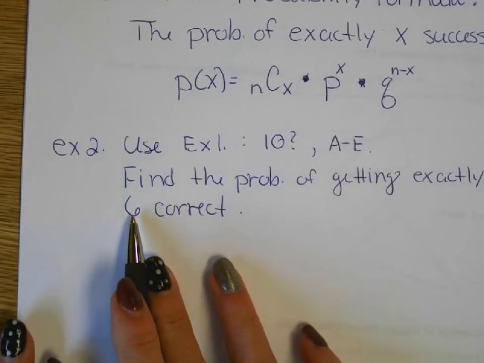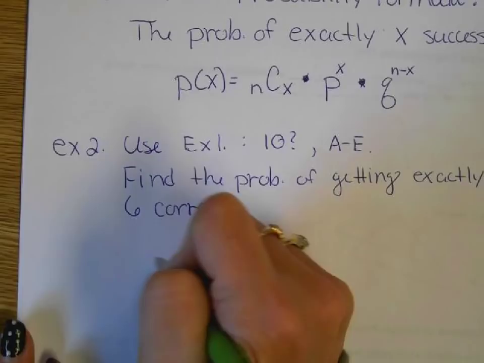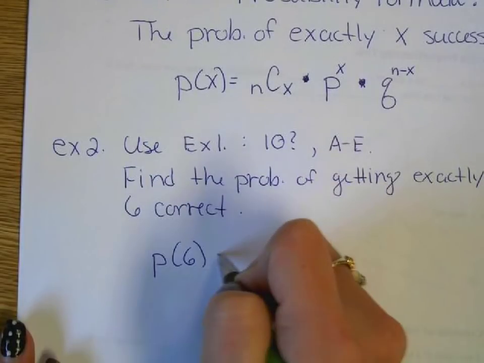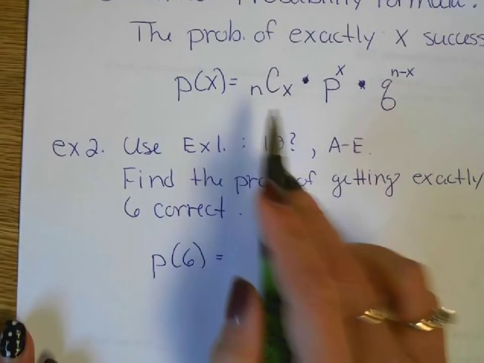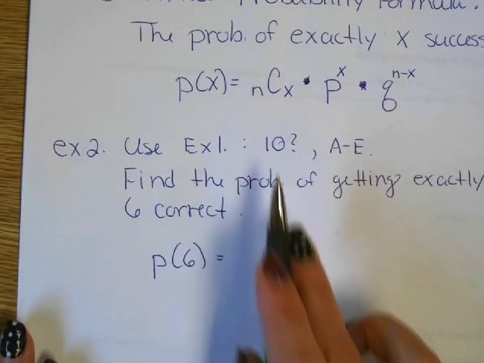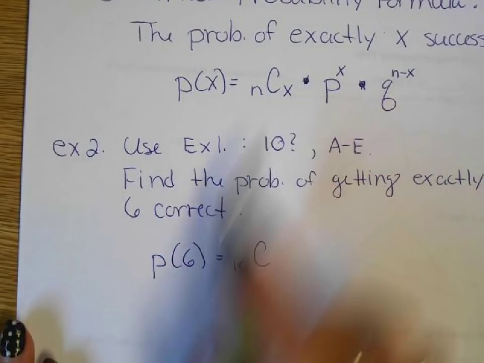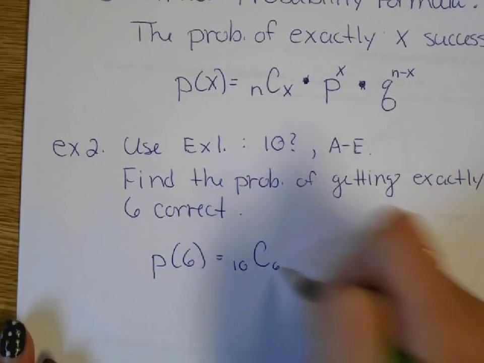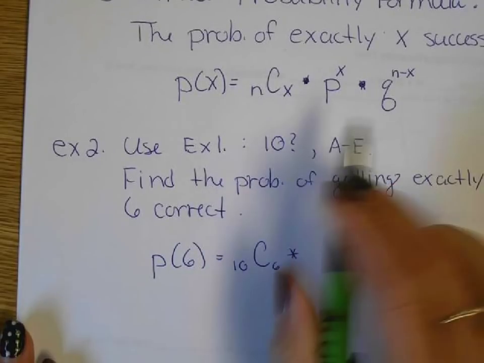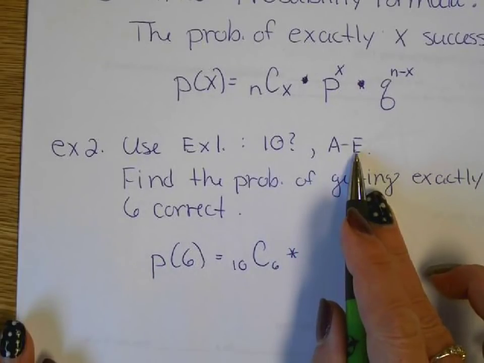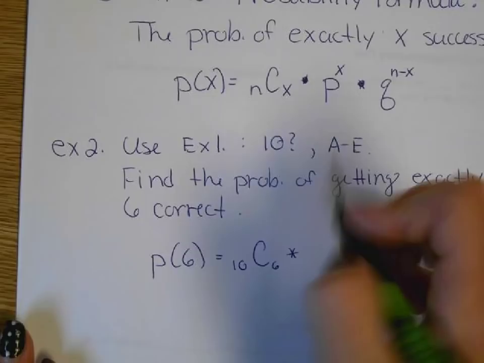So my number of successes I'm looking for is 6. So I'm looking for the probability of 6 successes. Okay, using my formula, I need the number of trials. I'm doing 10 trials. C, X is my 6, multiplied by the probability of success. So each question, there was A through E. I've got a 1/5 chance.